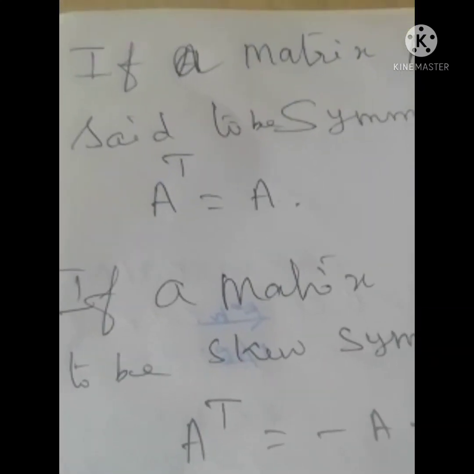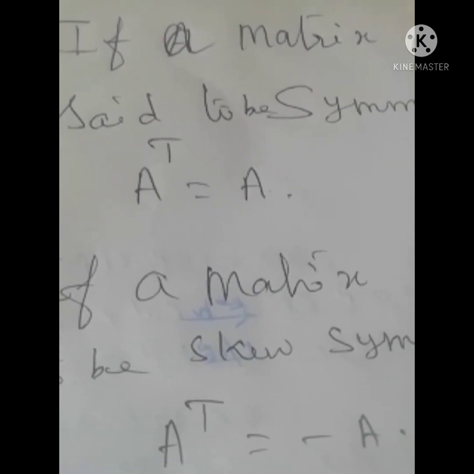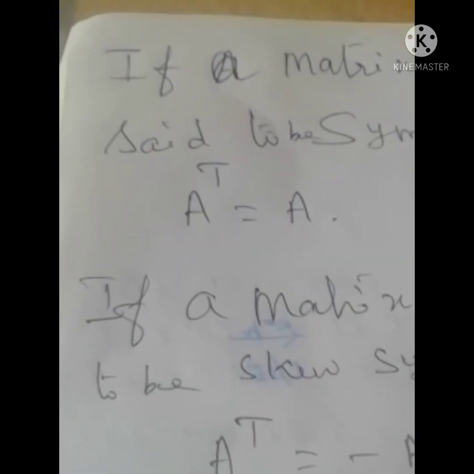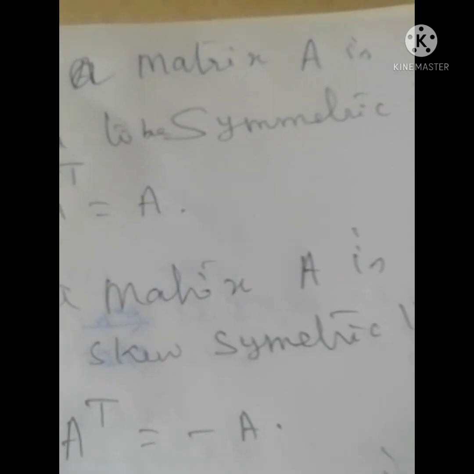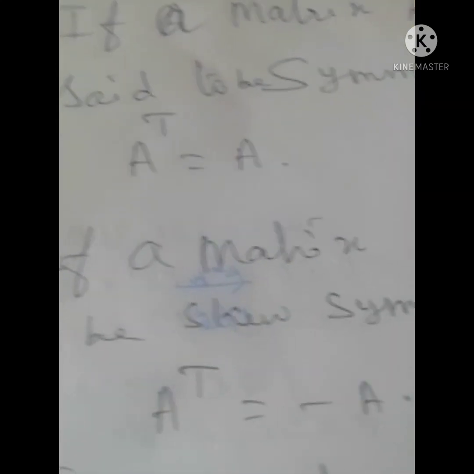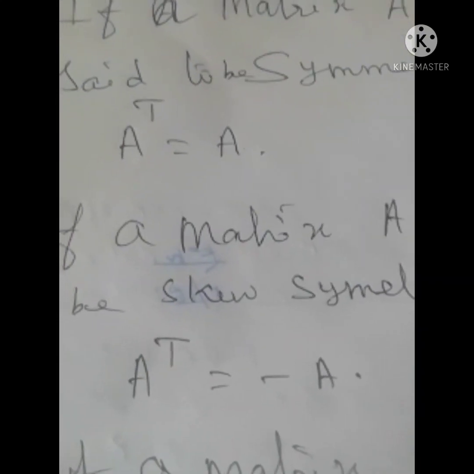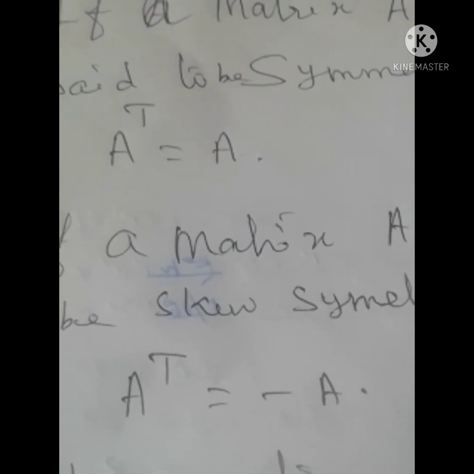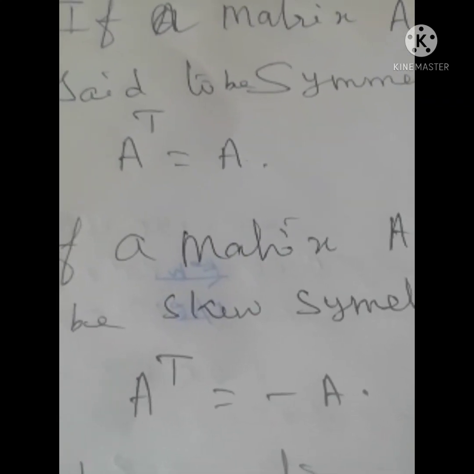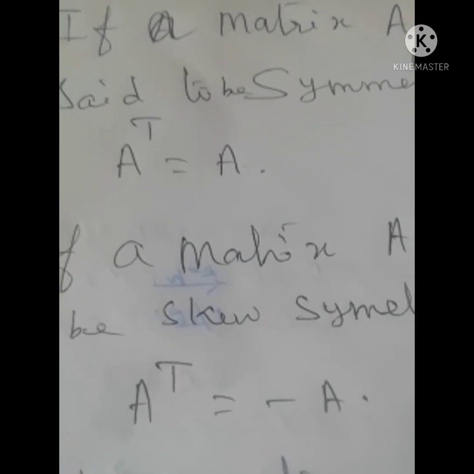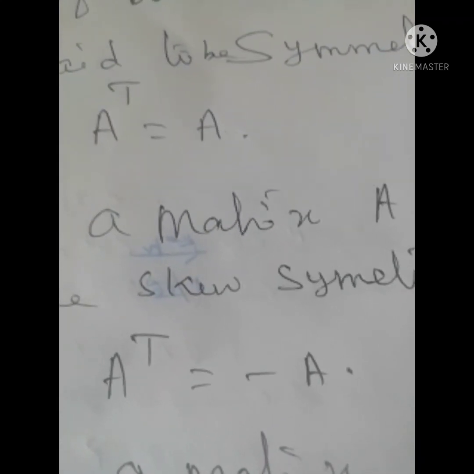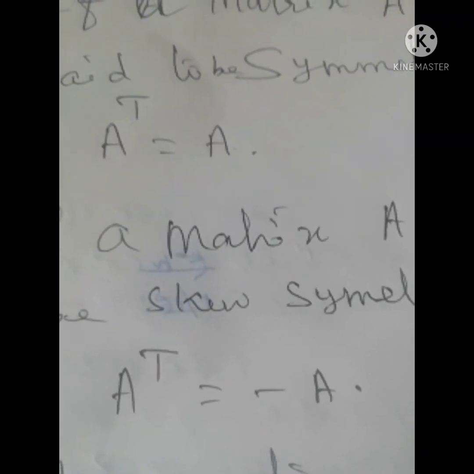Now we can discuss when a matrix is said to be symmetric and skew symmetric. If any matrix A is a symmetric matrix, then what is the condition? A transpose equal to A. If A transpose equal to minus A, that is called skew symmetric.